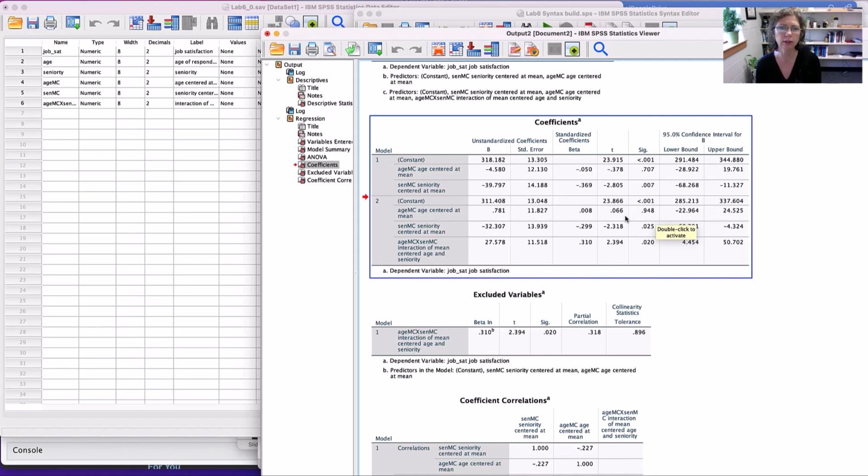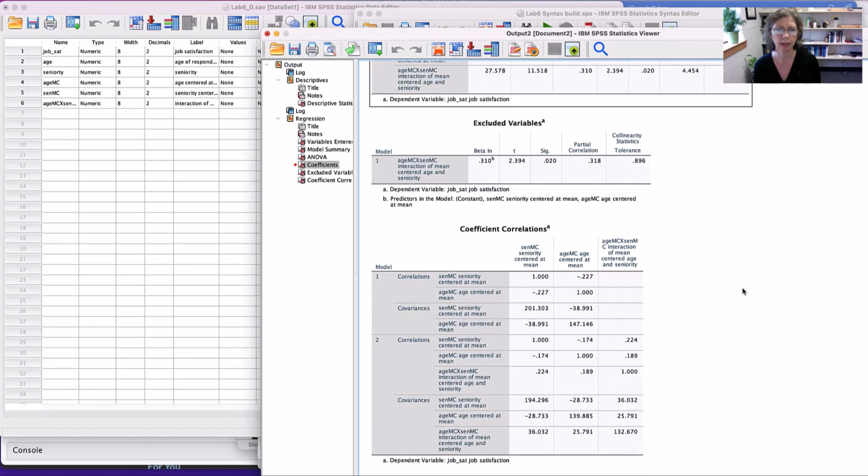We still report it, but it's not a significant contributor to job satisfaction. Here, seniority is a significant predictor. And then the interaction term is a significant predictor of job satisfaction. And it's because that's a significant predictor that we go into probing the interaction.